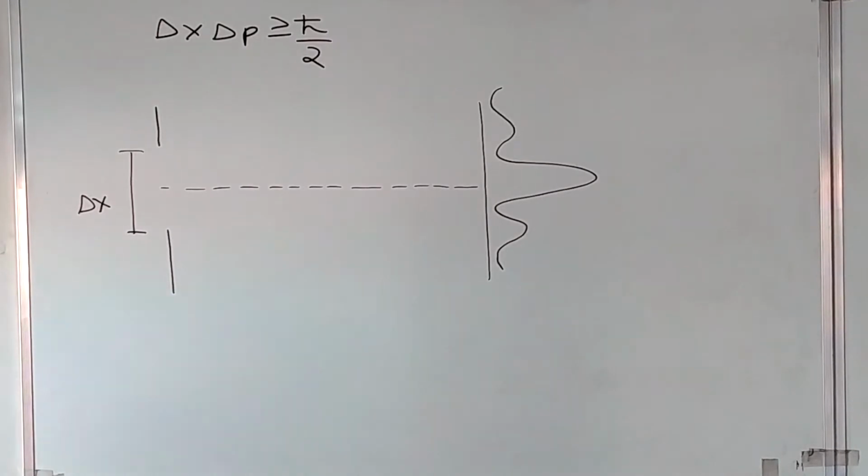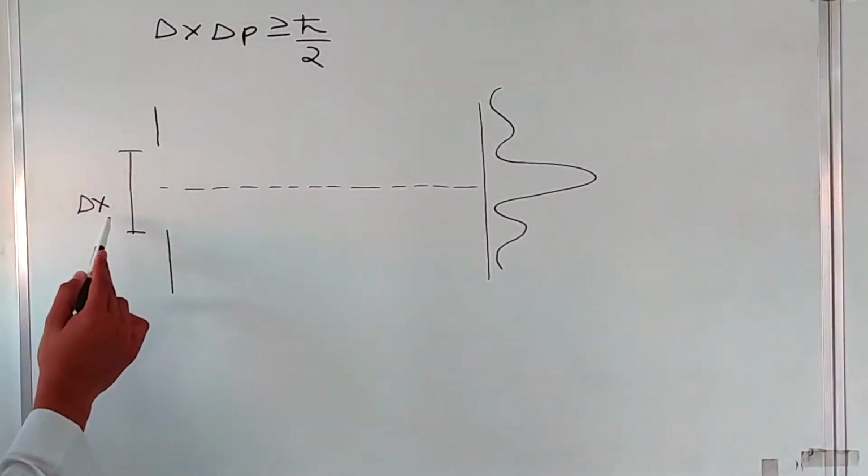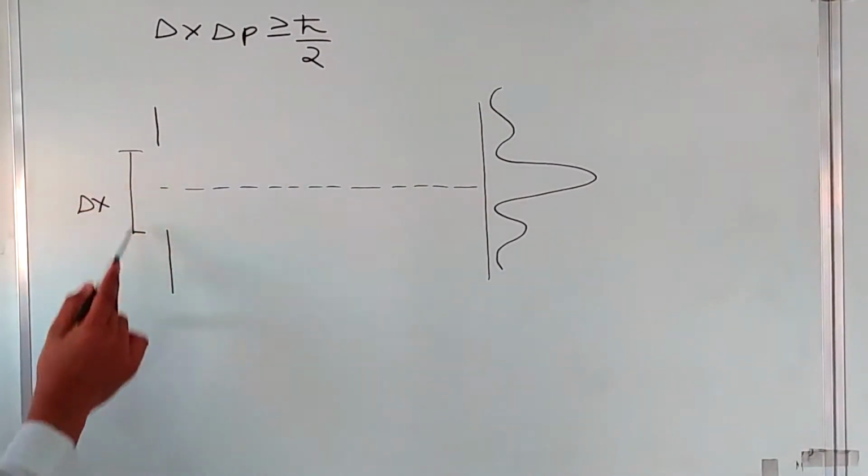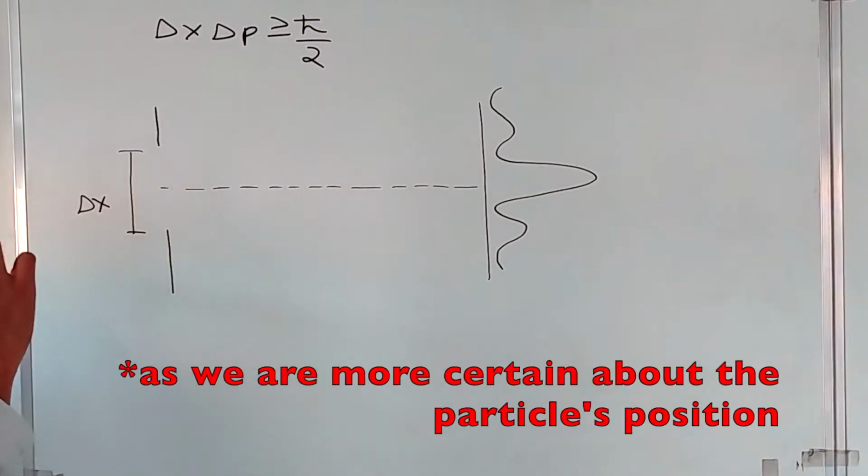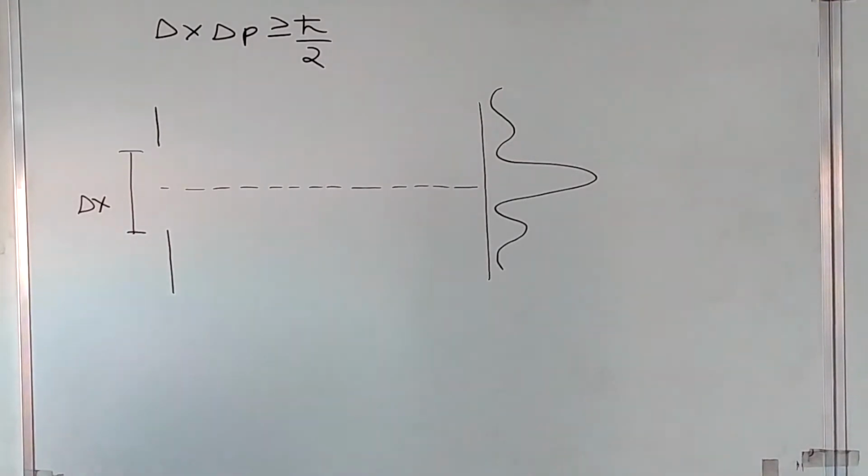And this is where we finally refer to Heisenberg's uncertainty principle. As we get this delta x, or the uncertainty in the position, smaller and smaller, basically, as we get the slit smaller, we are raising the uncertainty in its momentum.